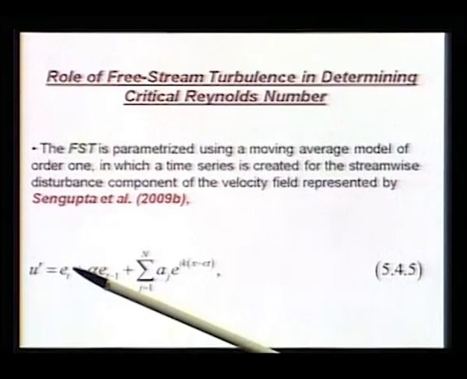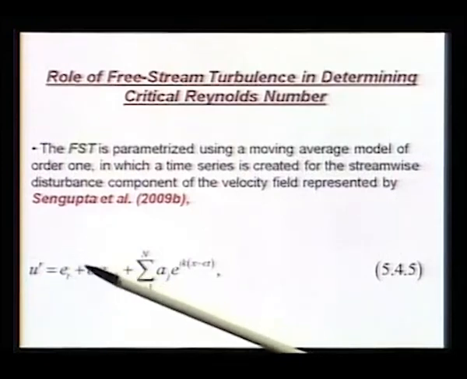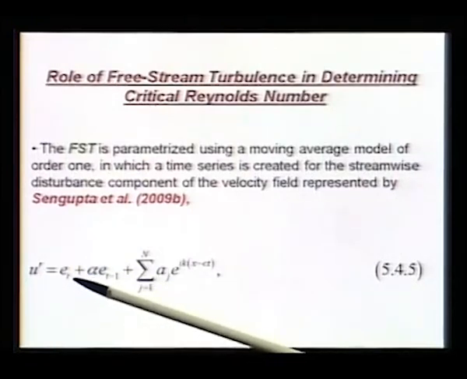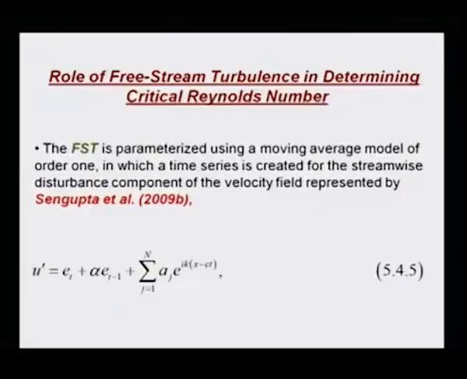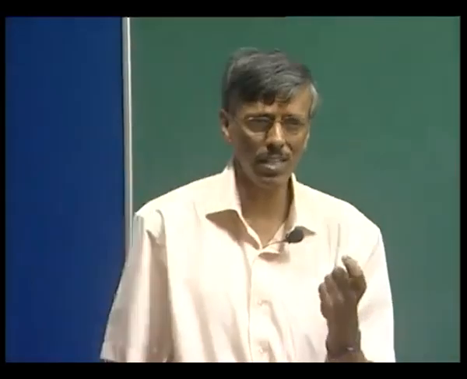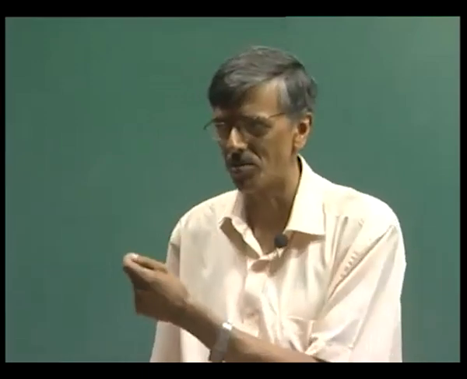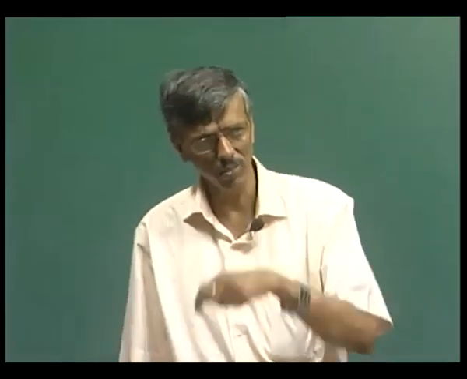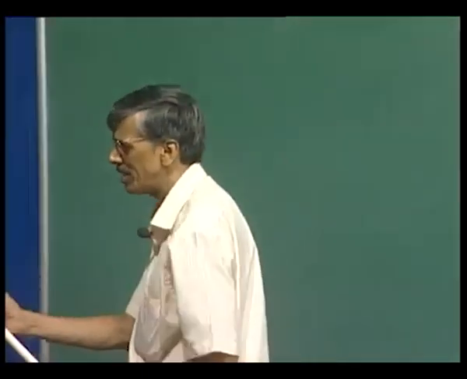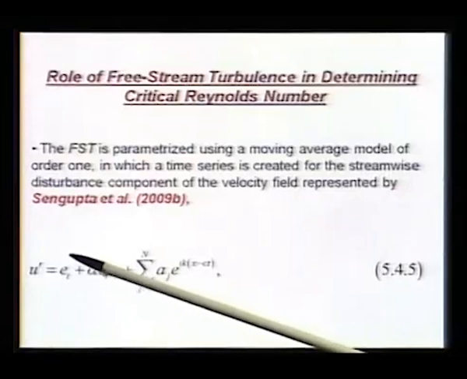It has some kind of a normal distribution. The random numbers that you generate in a computer are basically uniformly distributed from -1 to +1. So, from that uniform distribution, you can convert it into a normal distribution.